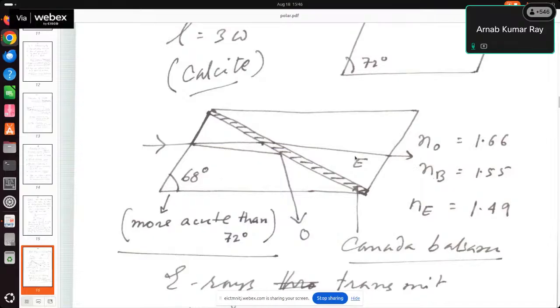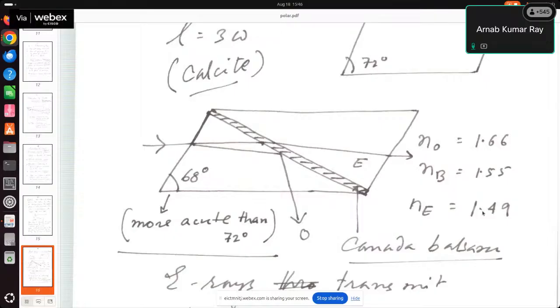Like I told you, extraordinary rays have a different refractive index compared to ordinary rays. So for this material, ordinary rays have the refractive index of 1.66, whereas extraordinary rays have the refractive index of 1.49.